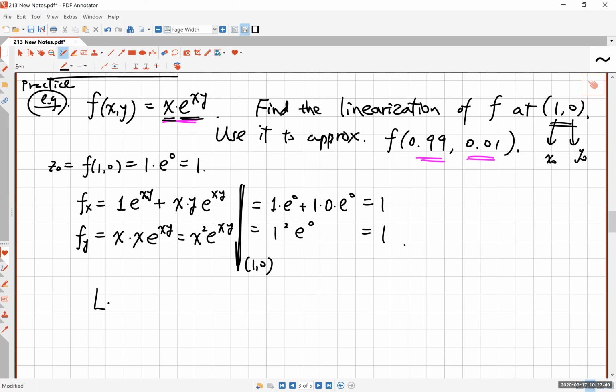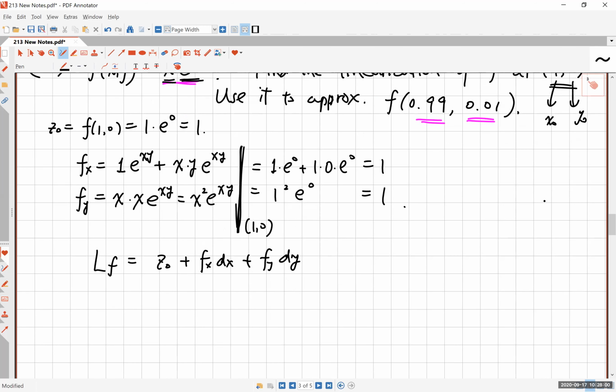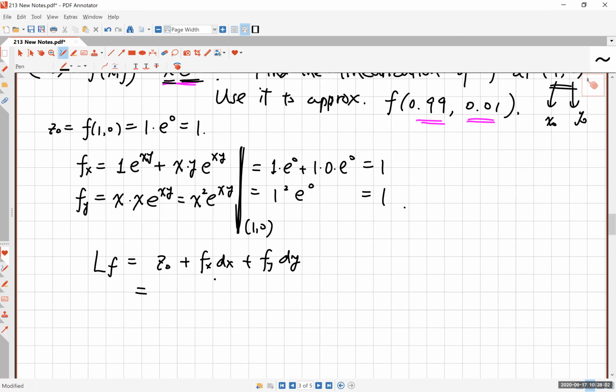Now remember, the linear approximation is simply z naught plus fx dx plus fy dy. This is maybe the easiest way to remember that, okay? Because this part, remember, is dz, right? So if you apply this in this problem here, remember, z naught is equal to 1.